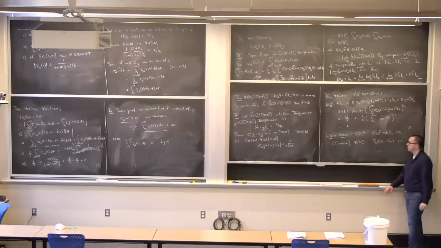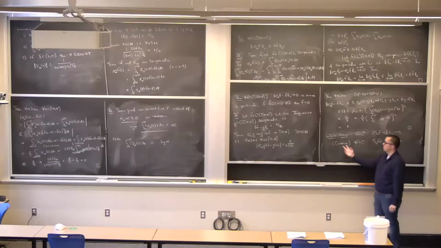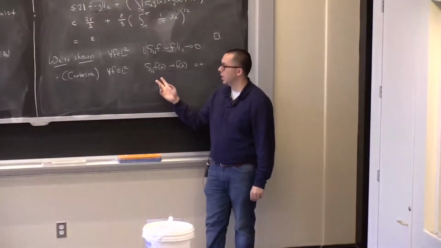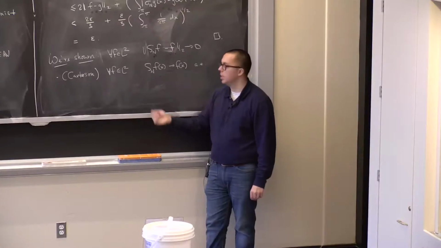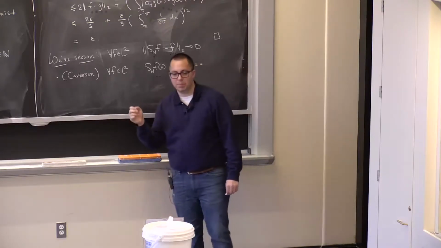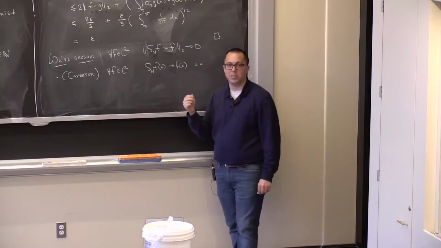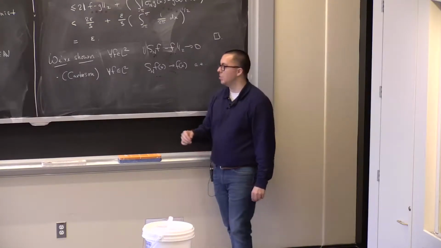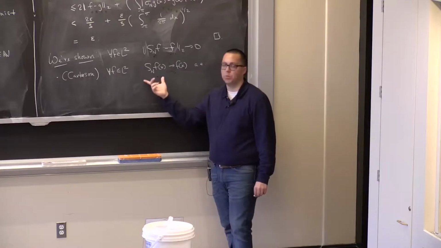I heard this from my advisor: Carleson spent a few decades trying to prove the negation of this statement, trying to come up with an example of a function whose partial sums don't converge almost everywhere back to the function. And then he came up with the bright idea that, well, maybe that's not true. Let me spend some time trying to put myself in the other shoes. And within a year or a couple of years, he was able to prove this theorem.